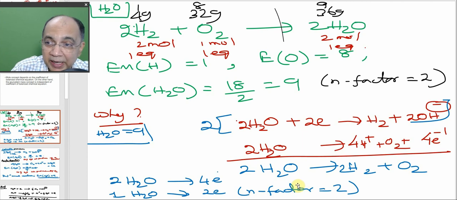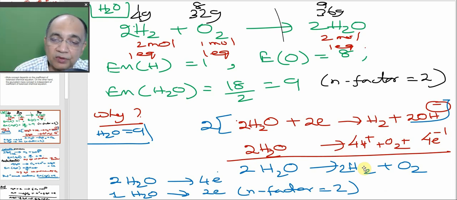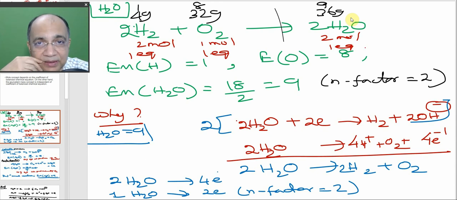Also, hydrogen goes from +1 to 0 for one atom, the change is 1, and for two atoms the change is 2. So either oxygen wise or hydrogen wise, you can find that the N factor for water is 2. The total change in oxidation number is 2.